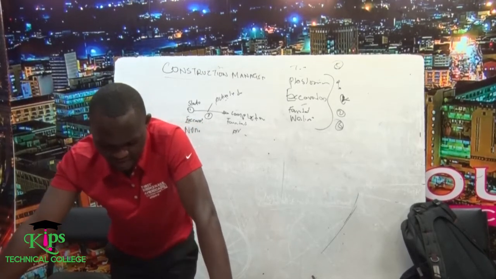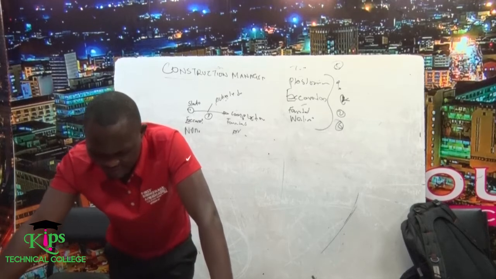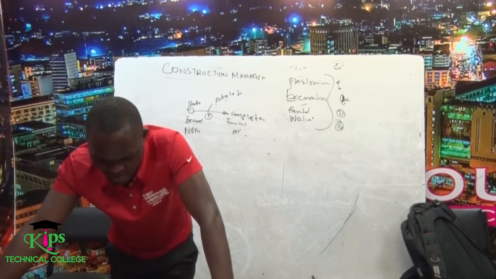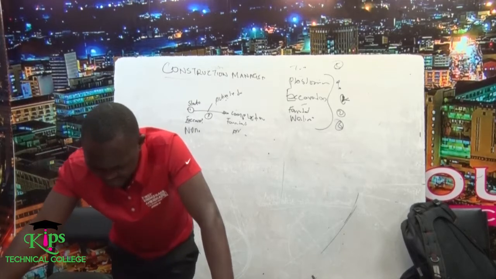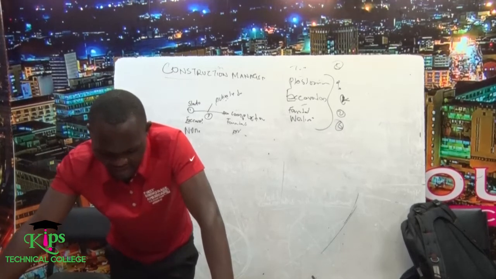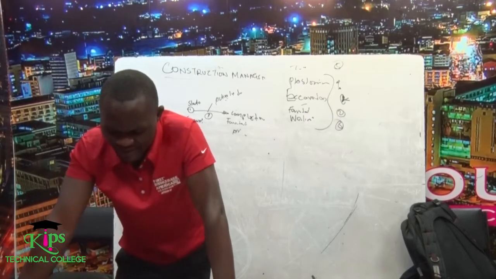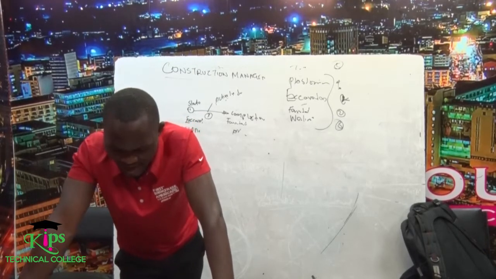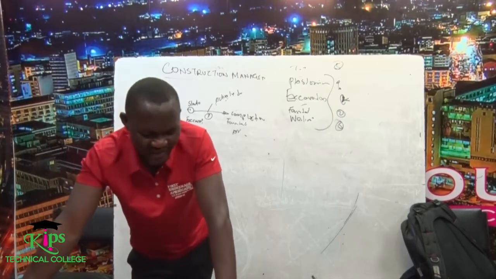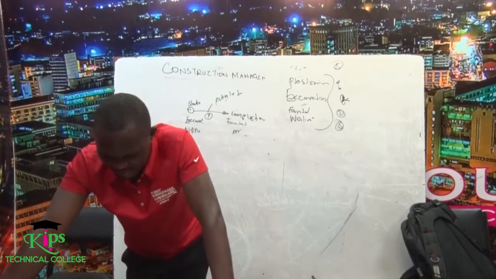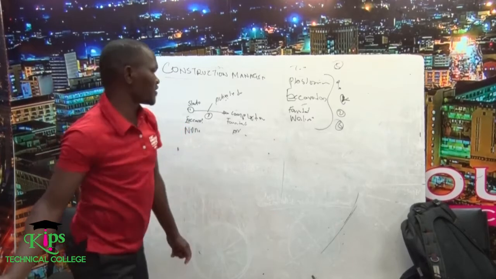The event represents the completion of an activity and consumes no time, and it is indicated by a network number. The network is a diagram showing the relations of activities and events of the project. Then the dummy is an artificial activity represented by dotted lines.